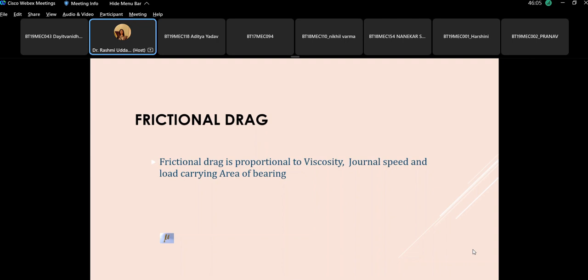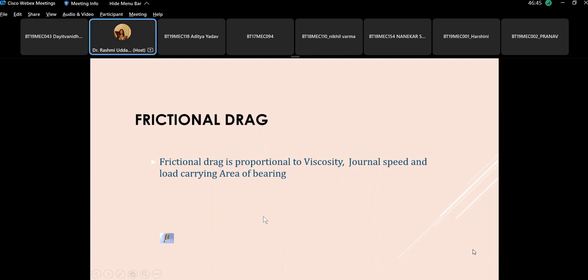Yes. And by definition, it is the measure of the internal resistance or the tangential force per unit area to move the plate with respect to another plate. What is the unit of absolute viscosity? Poise. And what is the unit of kinematic viscosity? Stokes. Yes, you're right. So we are here discussing the absolute viscosity or the dynamic viscosity.